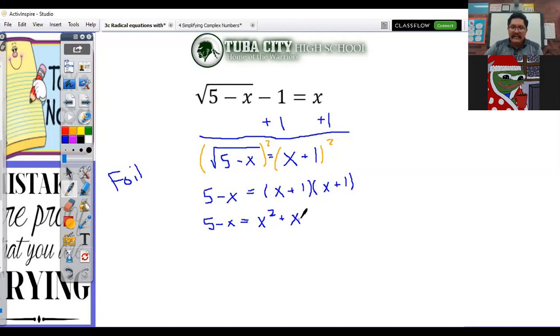Now for the inside numbers, 1 times x is also x. And last numbers, our fourth step, the last 2 numbers in each group: 1 and 1. 1 times 1 is 1.